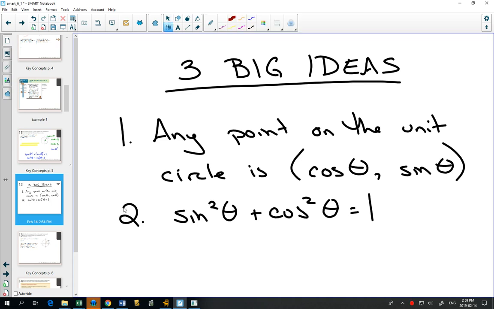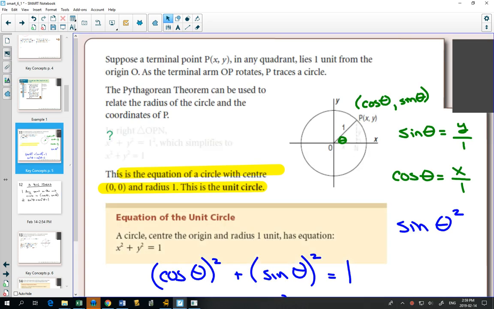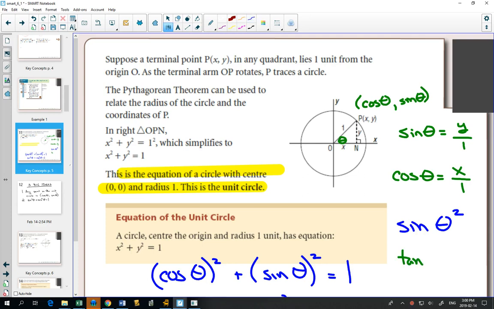All right, and the last thing that becomes a big idea for us is if we look at tangent. So on that same triangle, I look at tan and I go tan of theta, I'll erase this now. Tan of theta is opposite over adjacent. My opposite side is y. My adjacent side is x.